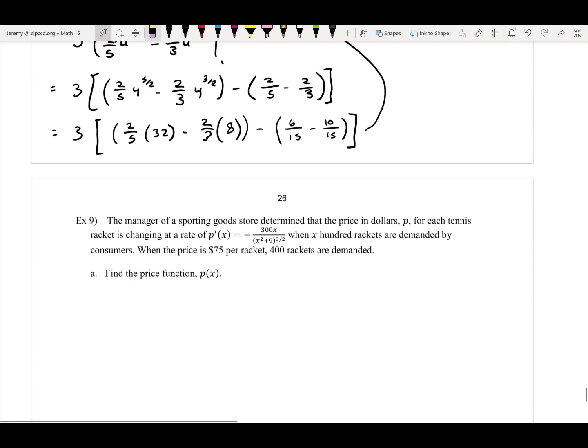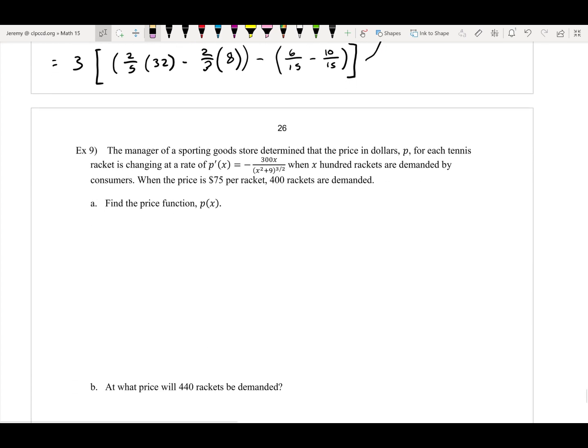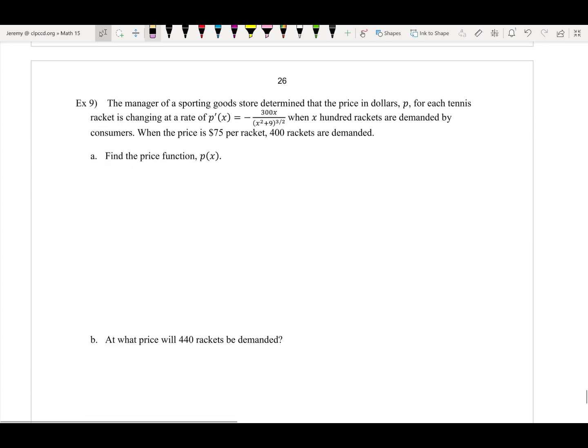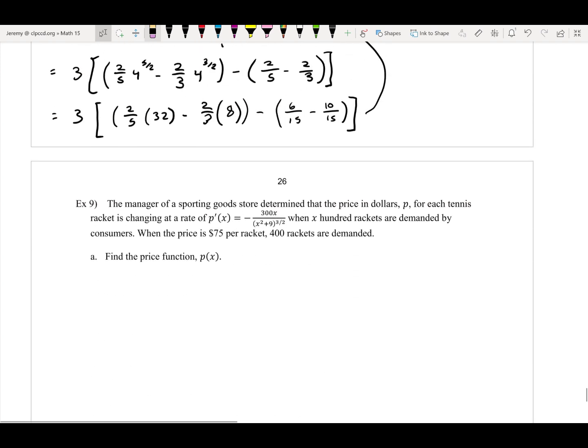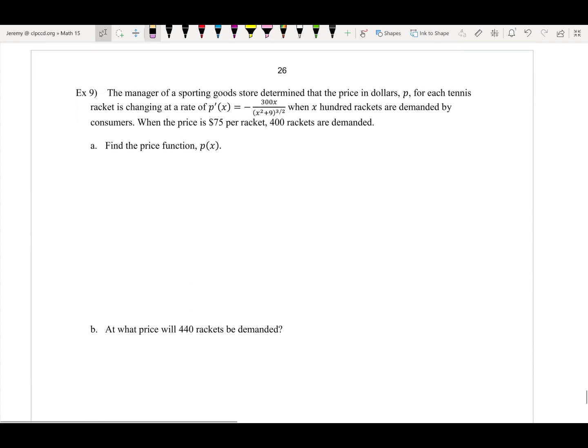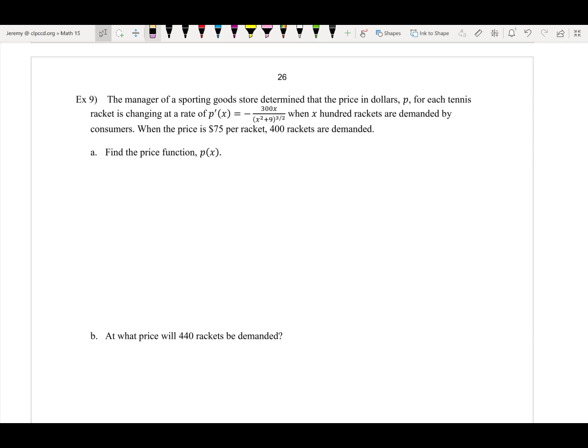How about we try an application? Example 9, and I believe this is the last page of the chapter, so let's go out with a bang here. The manager of a sporting goods store determined that the price in dollars, P, for each tennis racket is changing at a rate of P prime of x.